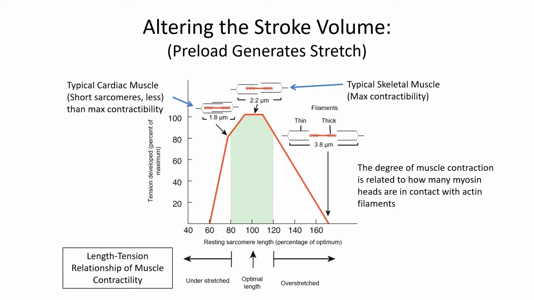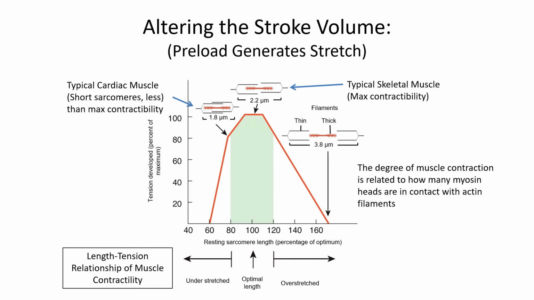But during diastole, blood is rushing into the ventricle, and it's expanding the ventricle, and it's physically stretching the walls of the ventricle, and it's stretching the muscle cells and stretching the sarcomeres. Best case scenario, it will stretch them to a point where we have the condition we see at the top of our graph. So preload, that refers to the blood that's coming into the ventricle. If we have just the right volume, it will stretch the sarcomeres to this optimal condition without overstretching them.